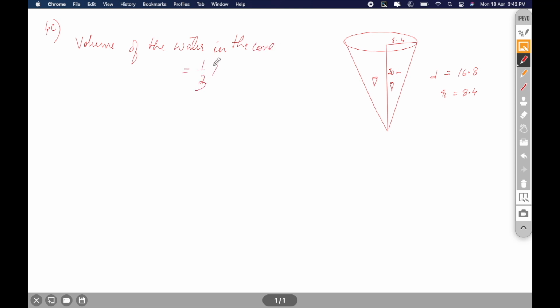So 1/3 of pi r square h. So pi means 22 by 7. Radius is 8.4 and height is 20. Now amount of water overflowing.